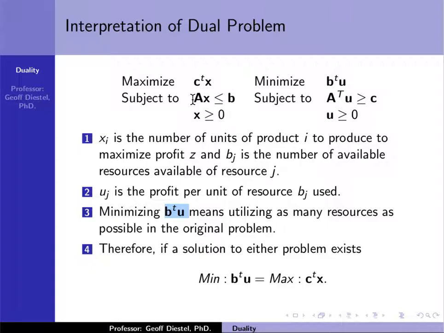Remember, in the original problem, we would like to use up as many resources as we have available. So we want to use up as many as we can. So the more resources we use, the more the profit is dispersed amongst each unit of resource that we're using. So we're minimizing that quantity. So that's why we want to minimize this quantity in the dual problem.